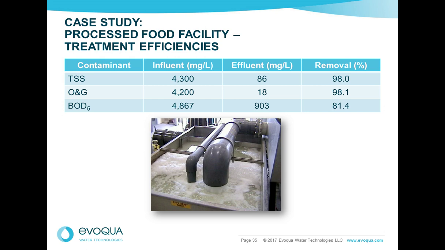But the removal percentages are typically greater than 90% for either suspended solids or oil and grease. In this particular case, the BOD removals are also quite high at 80%. I wouldn't consider that typical, but in this case, it's occurring simply because the suspended solids and oil and grease make up a majority of the BOD concentration within the wastewater.